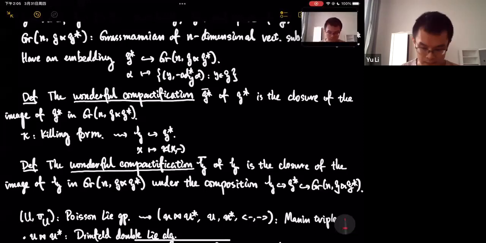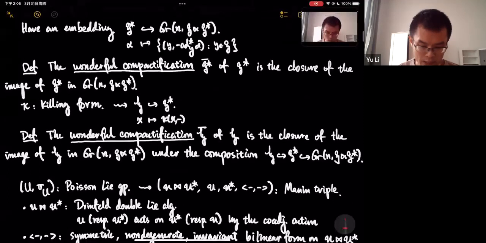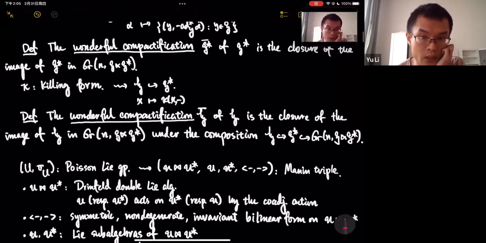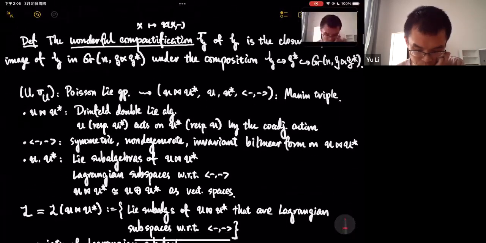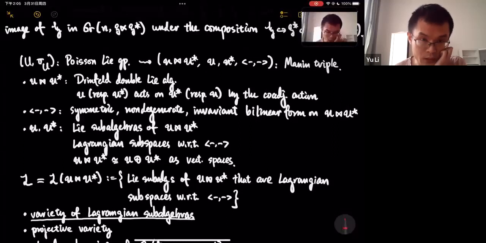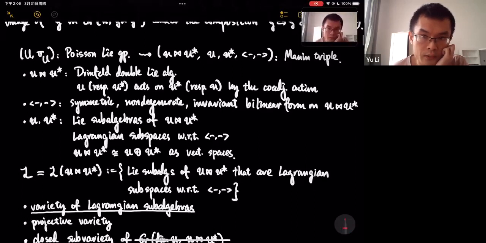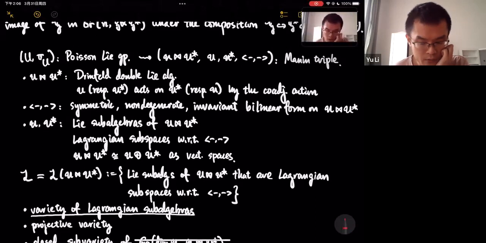Okay, great. So why are they called wonderful compactifications, and why do we care about them? Everyone is supposed to be a Poisson geometer, so we're all familiar with these, so I'll be very sketchy. In general, if you have a Poisson group (U, pi U), then the infinitesimal information at the identity element is encoded in the Manin triple.